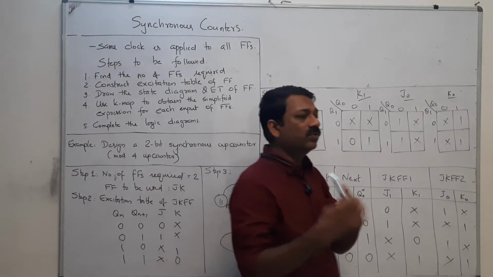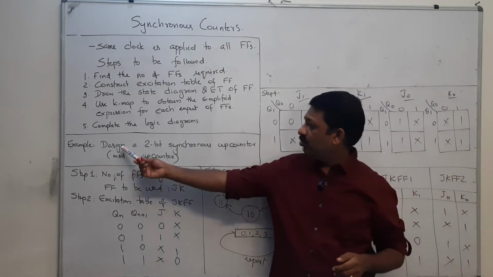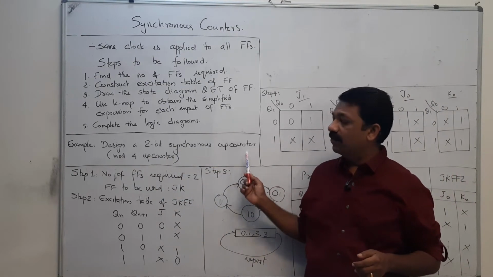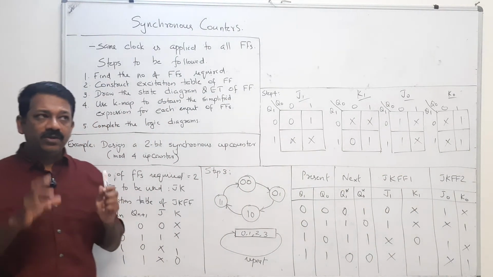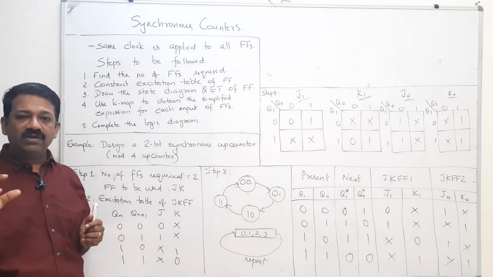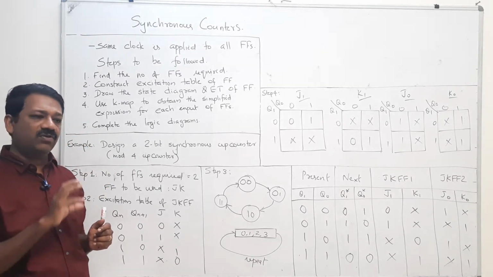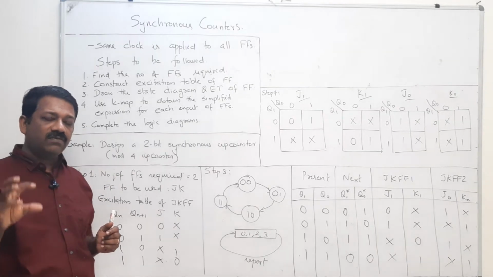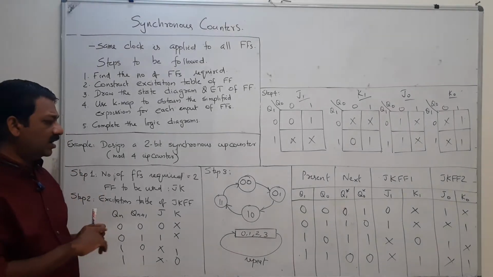So we are going to design a 2-bit synchronous counter. A 2-bit synchronous counter counts 00, 01, 10, 11, again 00, 01, 10, 11, like that.